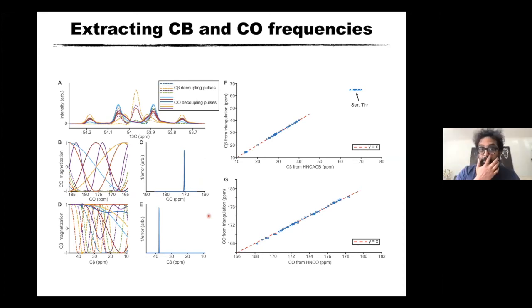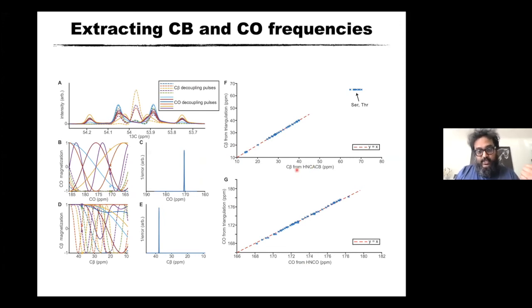And this is going to be important for larger proteins when you go to higher magnetic field strengths. So here I show you the correlation of the C beta from experimental methods on the y-axis and from a triangulation without ever touching a carbonyl on the transverse plane. And here you see the same thing for the C beta from a triangulation from 4 different HNCA experiments to the C beta that we observe experimentally.